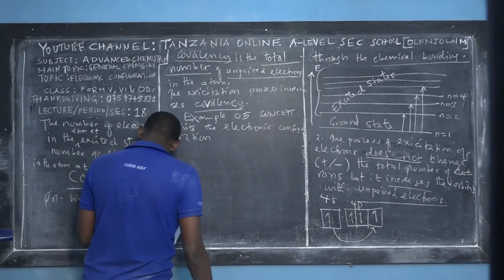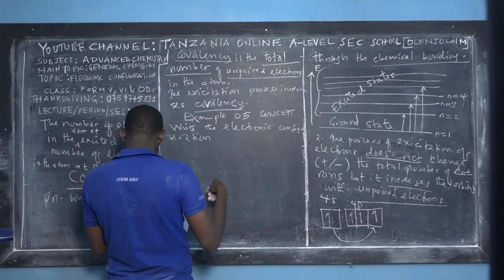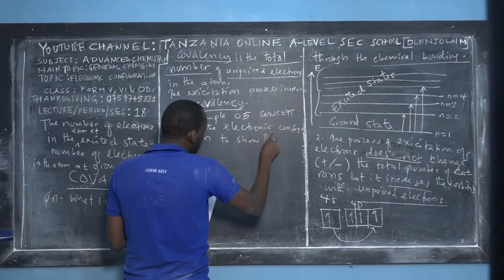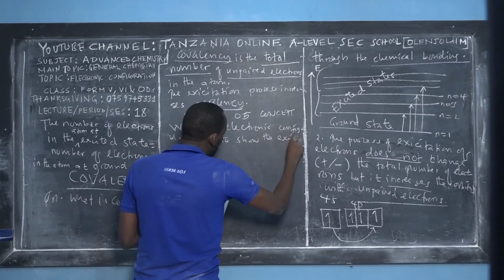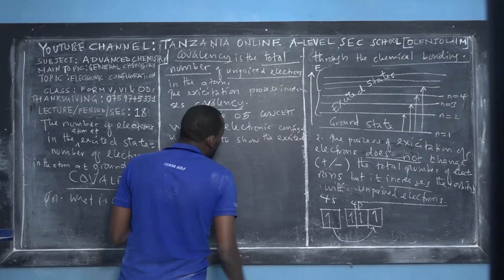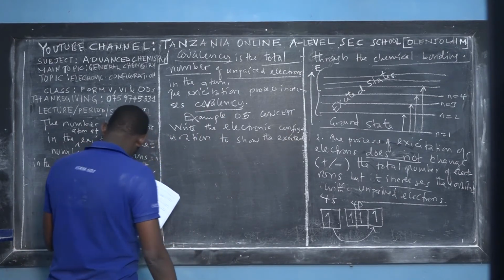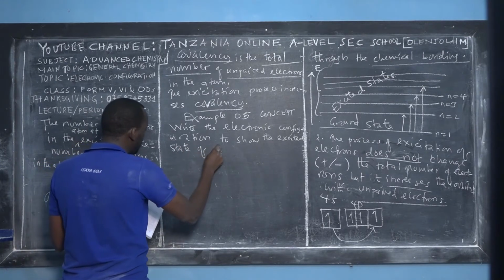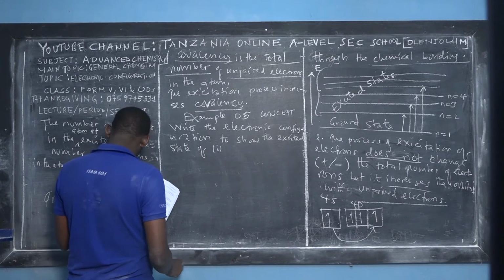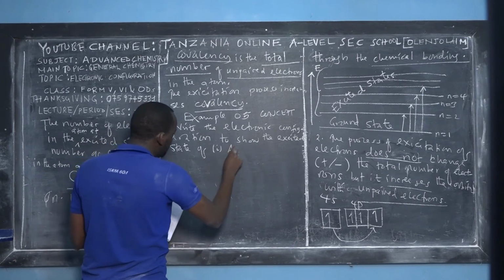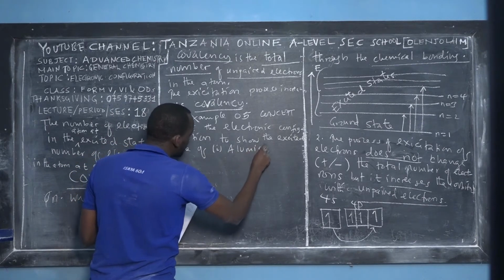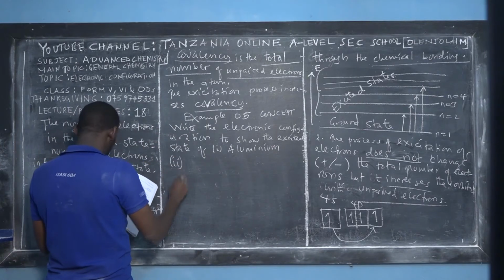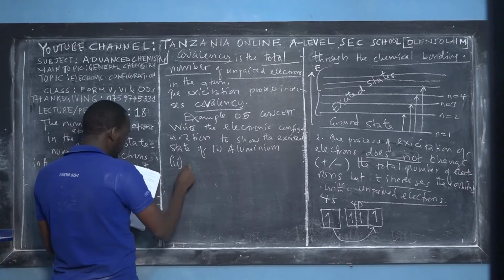Write electronic configuration to show the excited state. So excited state of what? Roman 1, aluminium. Roman 2, silicon.